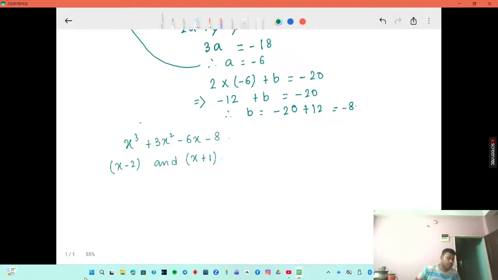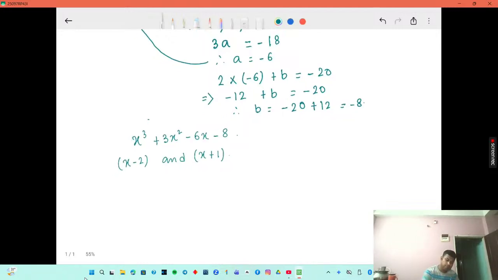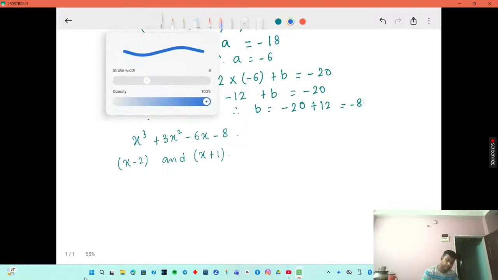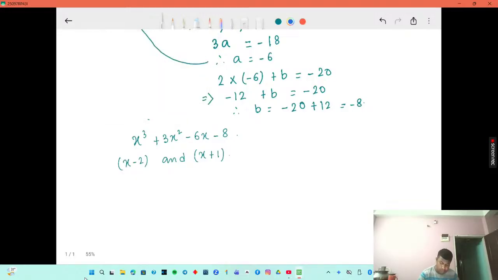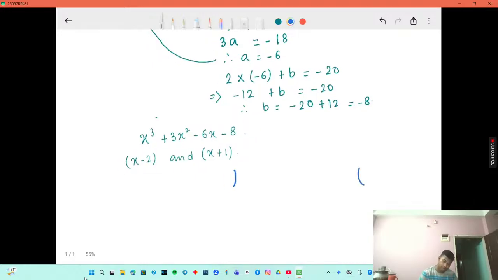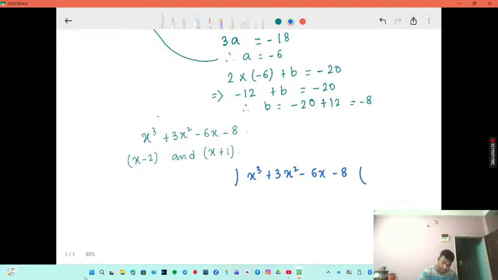So let us start to divide now. x cubed plus 3x squared minus x minus 8. We will divide this equation with x minus 2.